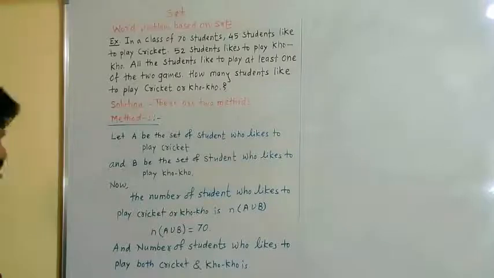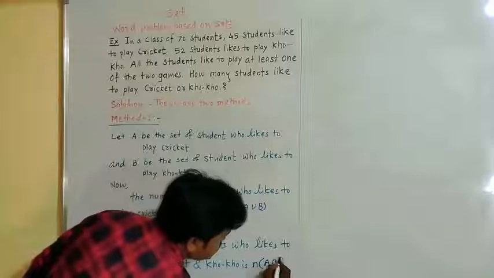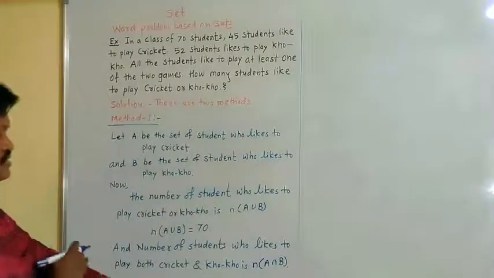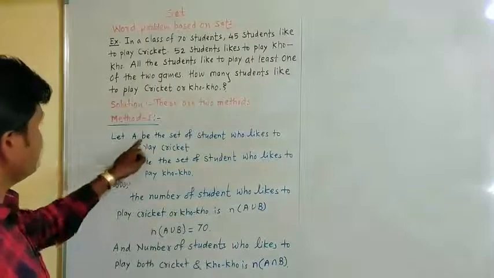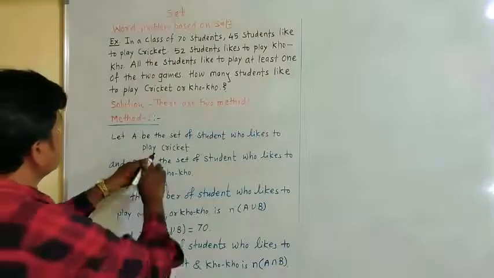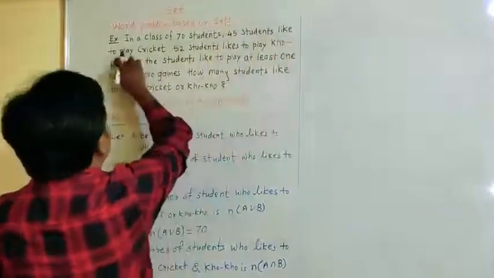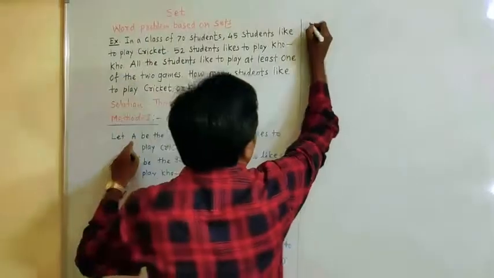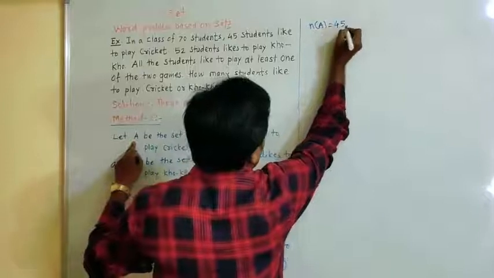So it is denoted n of A intersection B. So first you find this. A is the set of students who like to play cricket. How many students like to play cricket? That is 45 students. So n of A is equal to 45.